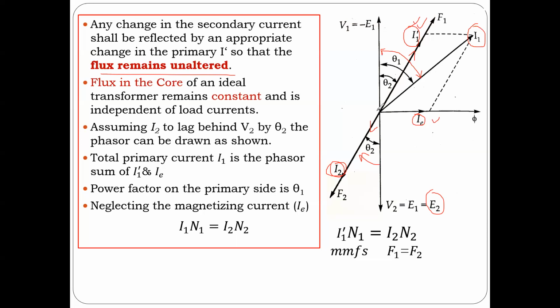So this is how we make the phasor diagrams. The flux in the core is lagging behind the generator voltage by 90 degrees. The induced voltages in primary and secondary lag 90 degrees to this phi.